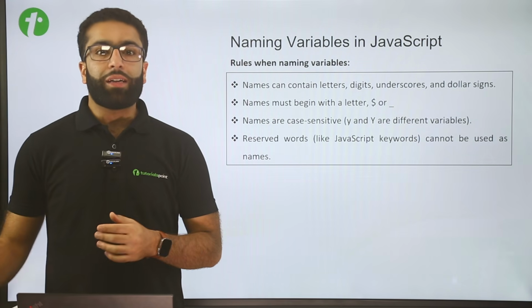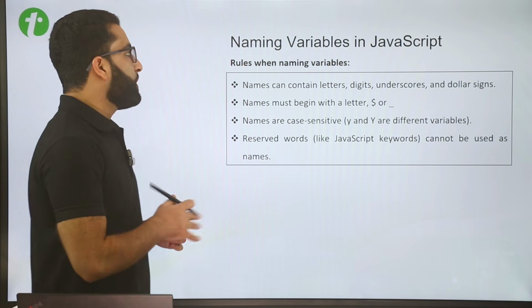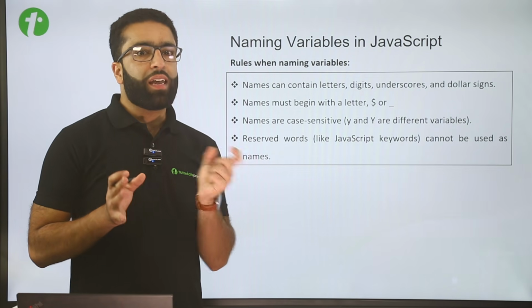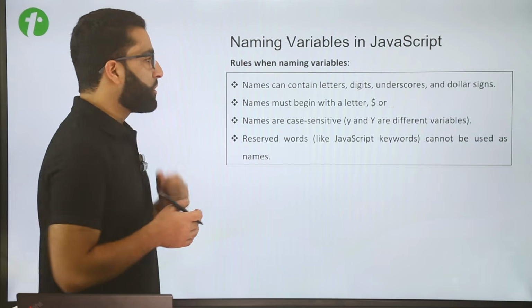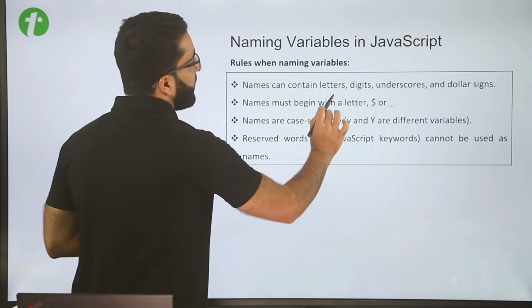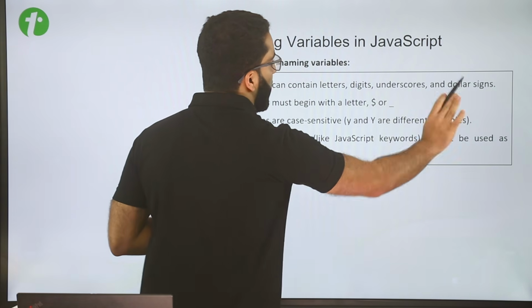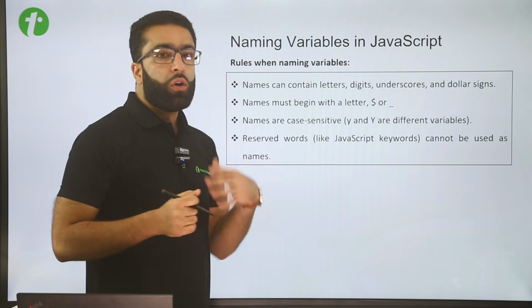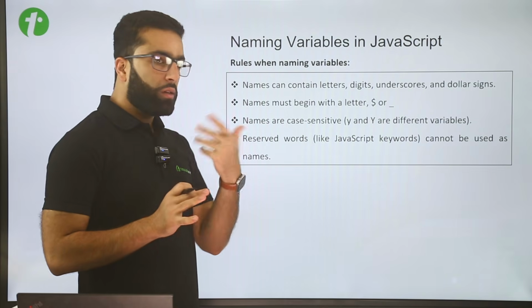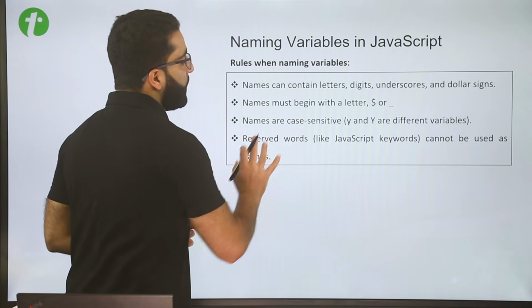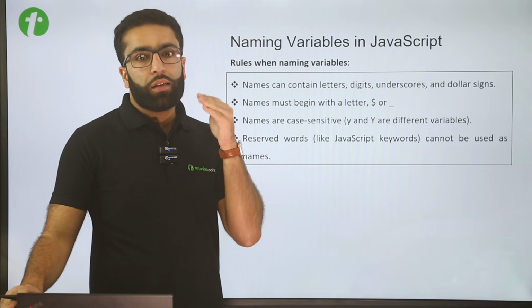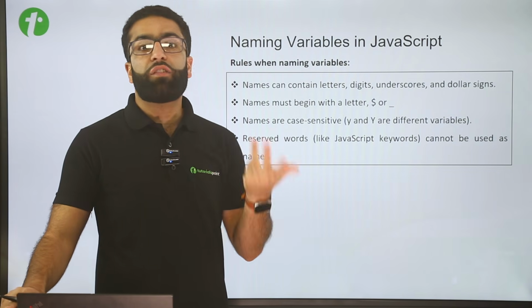Now let's talk about naming the variables in JavaScript. There are some rules that you need to follow when you are naming your variables. Names can contain letters, digits, underscores, and dollar signs. Names must begin with a letter, a dollar sign, or an underscore. The third rule is that names are case sensitive, which means uppercase letters and lowercase letters are not the same, they are different.